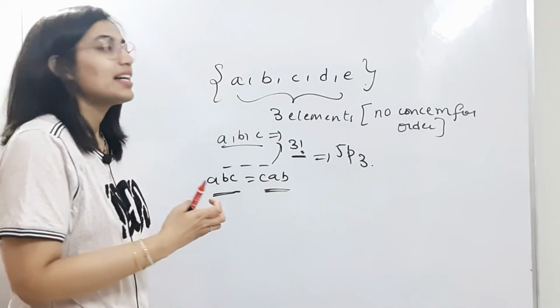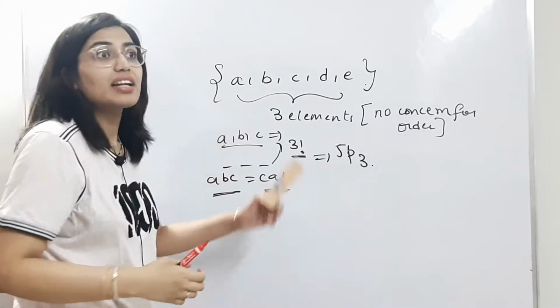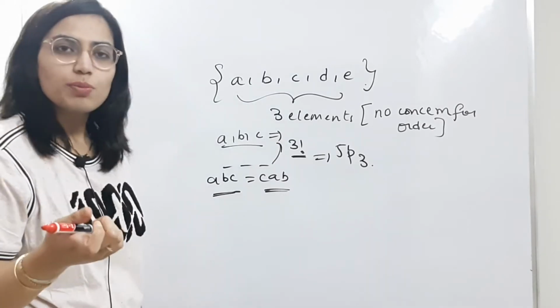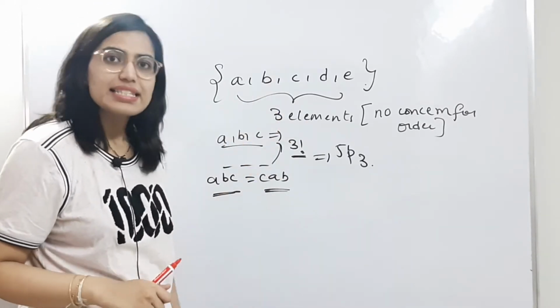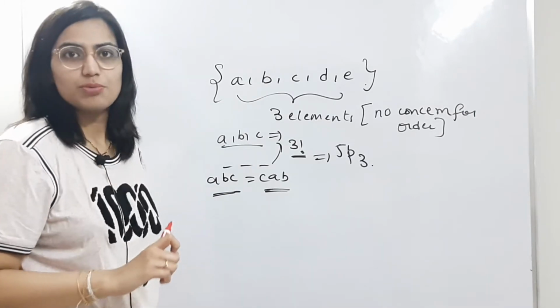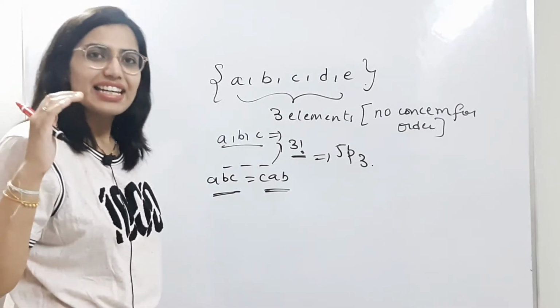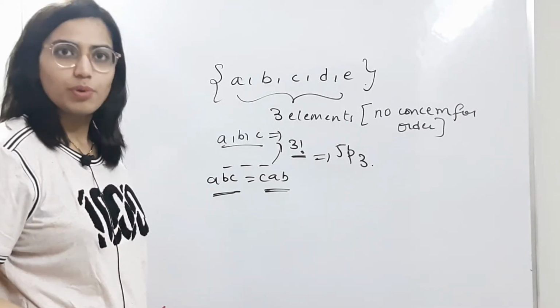We are choosing a set of elements from another set, from the master set. We are choosing some objects from a set, and that selection or choice need not consider order as important.